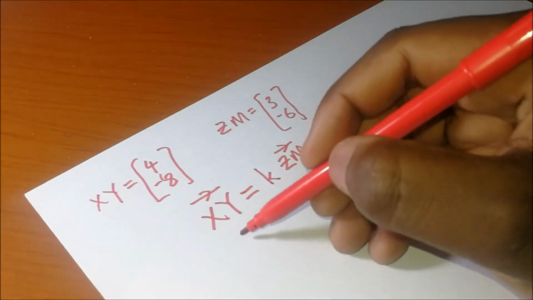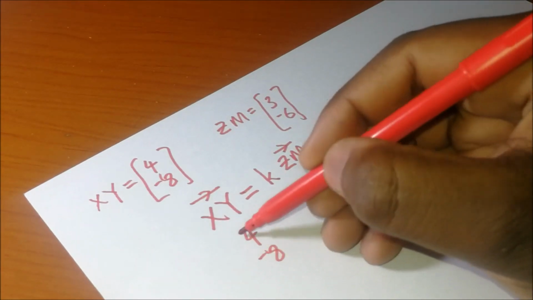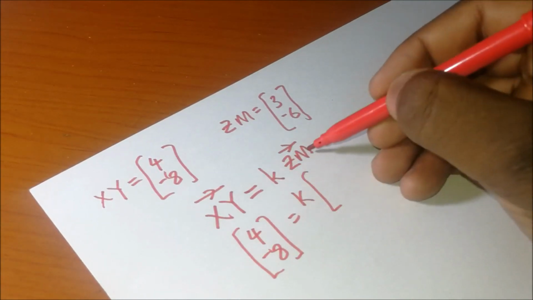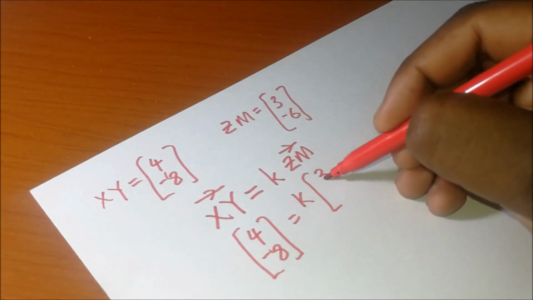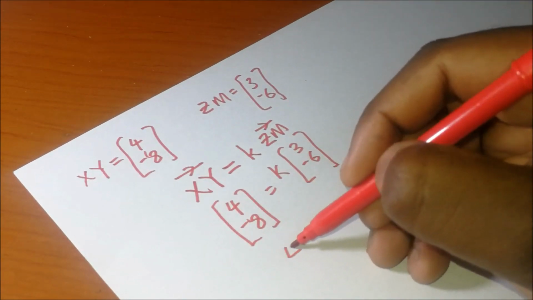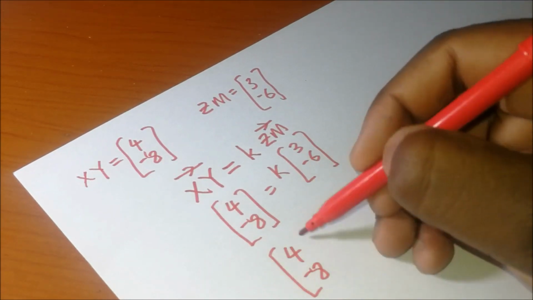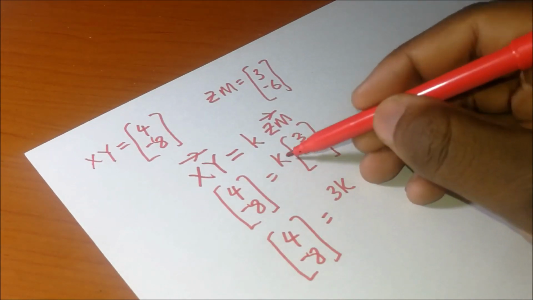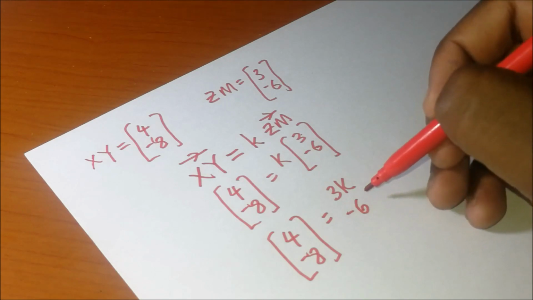So in this case, it's going to become (4, -8) is going to be k times ZM. ZM is (3, -6). So this is going to become (4, -8) equal to k times (3, -6), that is 3k and -6k.